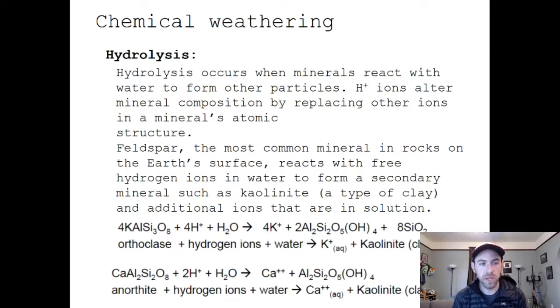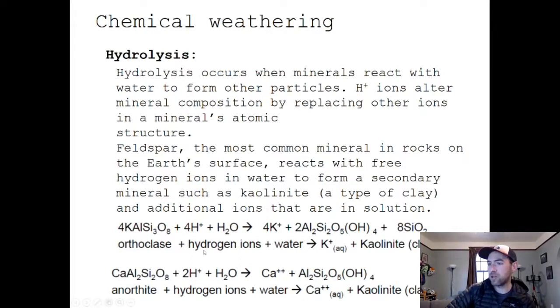They can replace other ions in the mineral's atomic structure. Feldspar, which, as we mentioned earlier, is the most common mineral type in rocks on Earth's surface, does this readily. It reacts with the hydronium ions in water to form a secondary mineral like kaolinite, so it reacts to form clays.